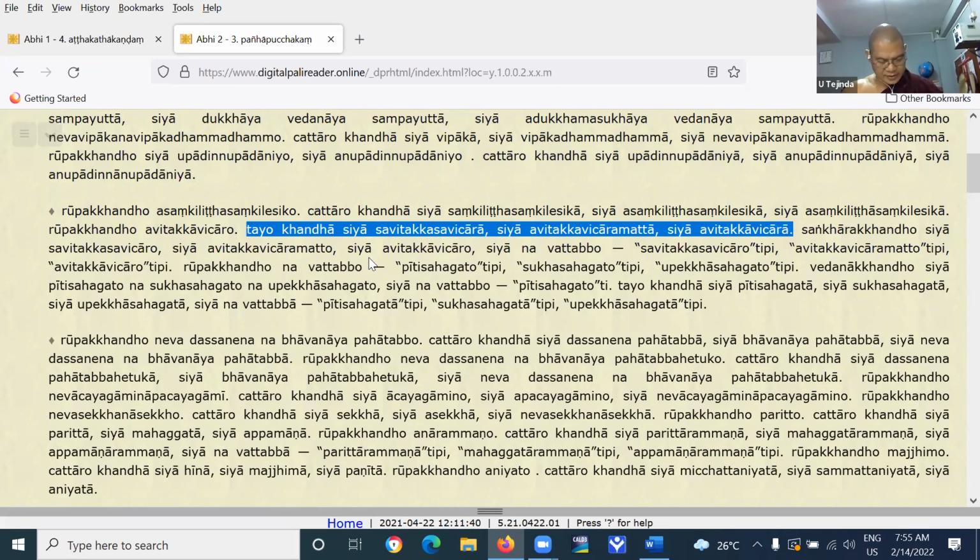So we should exclude Sankhara Khanda. So we have two khanda here, among the three khanda, two khandas: Savitakka savicara, Sanna and Vedana only. The Sanna and the Vedana arise together with vitakka vicara. Vinnana as well, right, Sayadaw? Yes. Vinnana as well. No, Vinnana Khanda here, no Vinnana. We take the savitakka savicara.